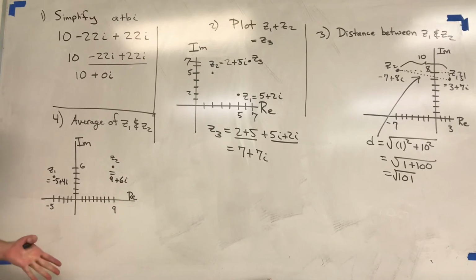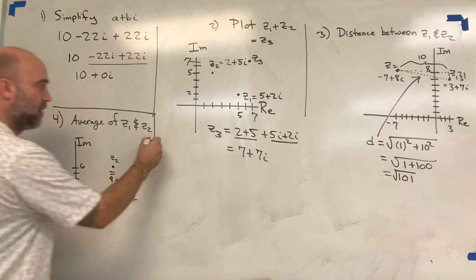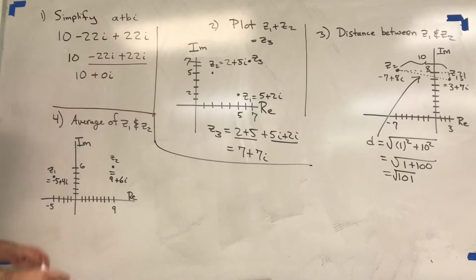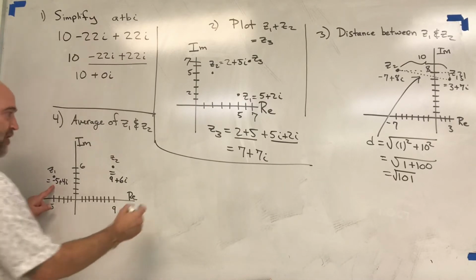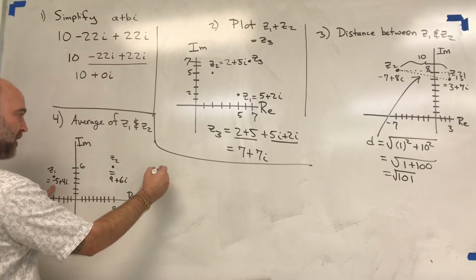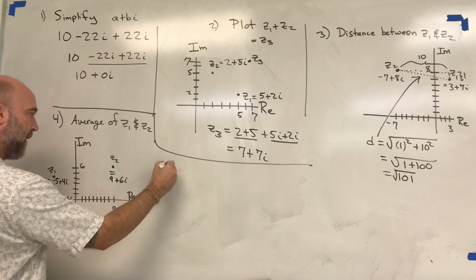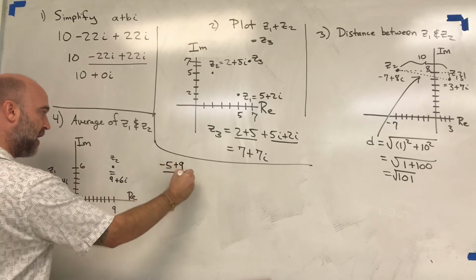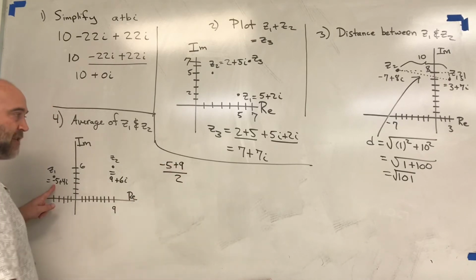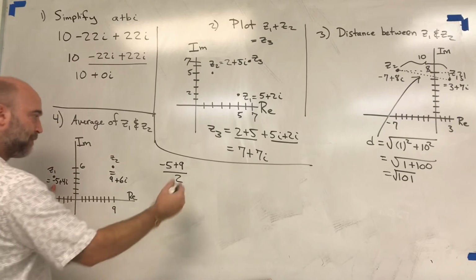So we're looking at just the average of those two. Go ahead and use some room right here. So first I'll average the reals. So the real part is -5 plus 9. Average it, so divide by 2 since there's 2 values.